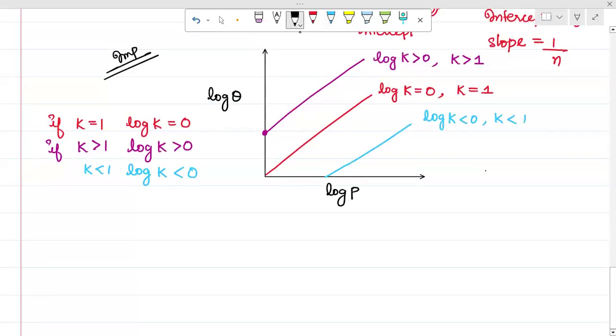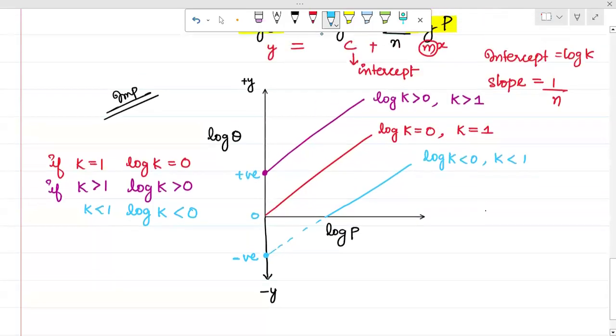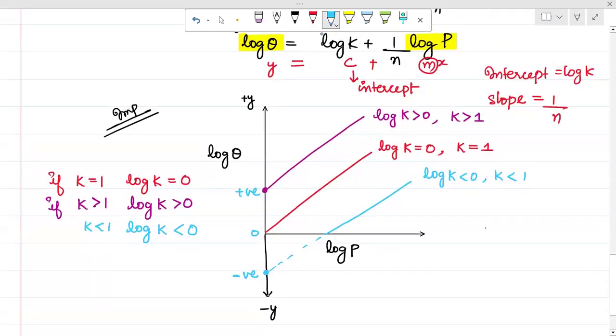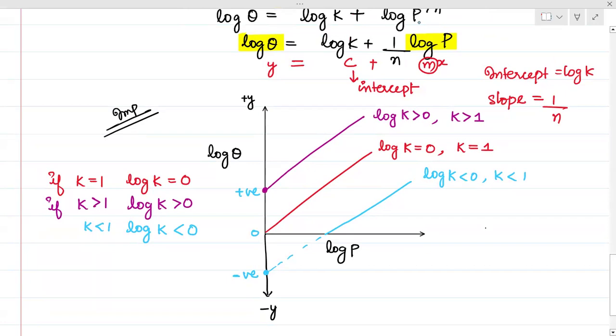See, this is the negative y direction, this is positive y, and we are talking about the y-intercept. It touches the negative y-axis, so this is a negative intercept. This is a positive intercept. This is 0. So all these three possibilities exist. If you plot log theta versus log p, all of them are linear.